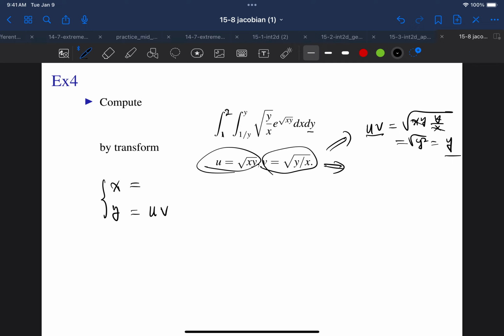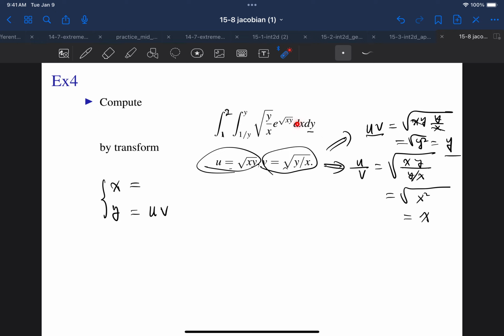Another thing is you can just divide these two. So u divided by v is the square root of xy divided by y over x. So this is the square root of x squared, and this is again x, because x cannot take a negative number.